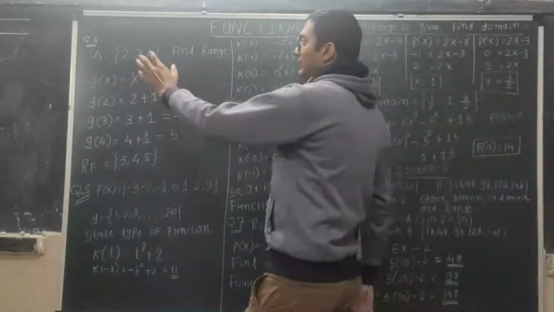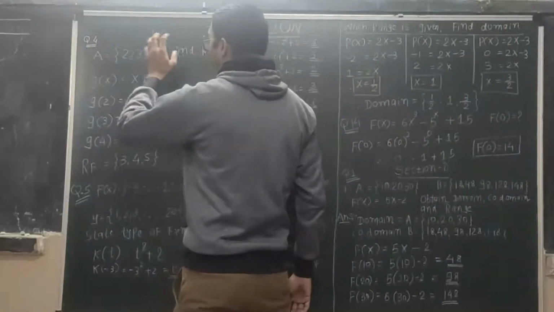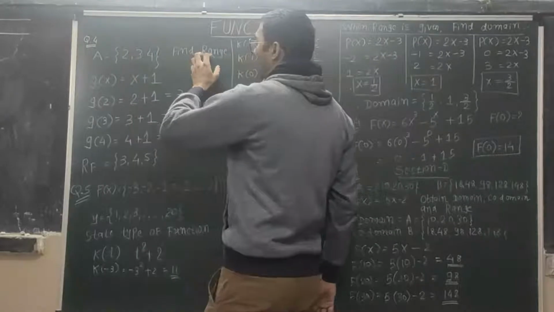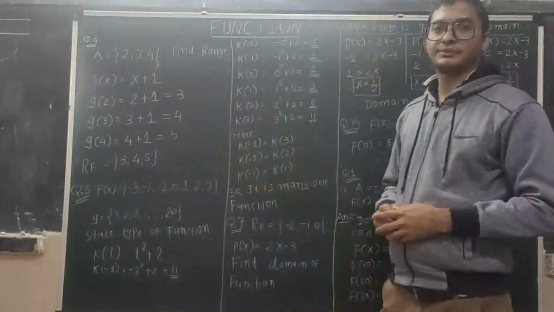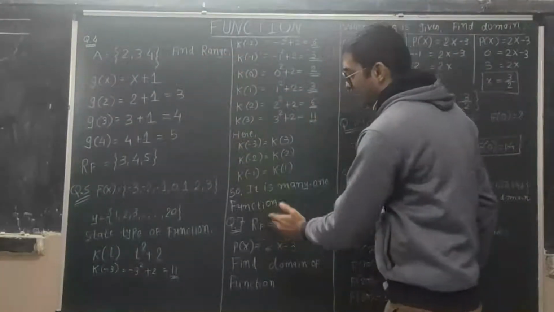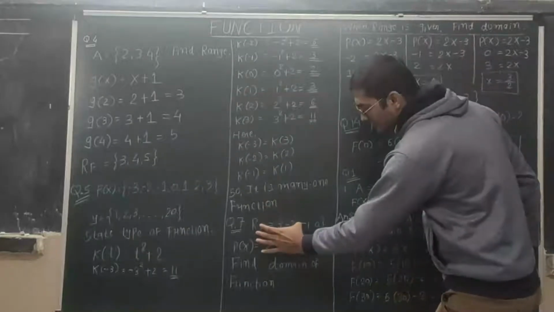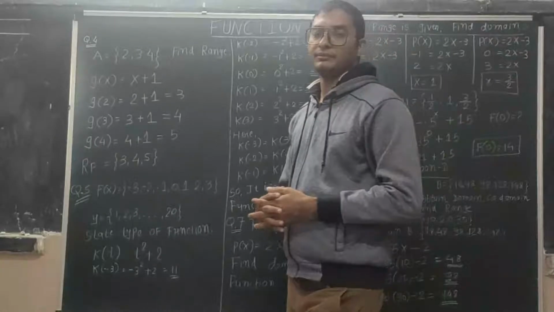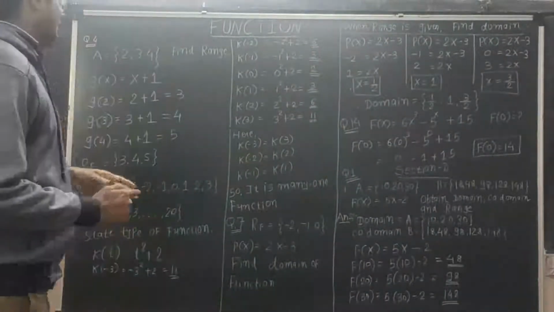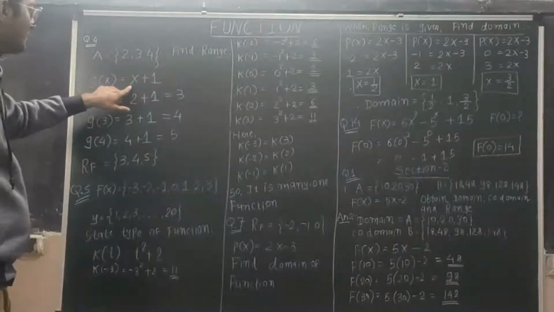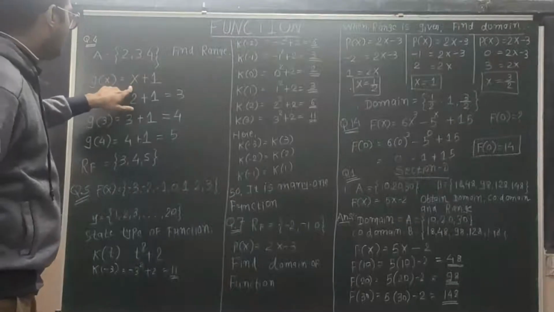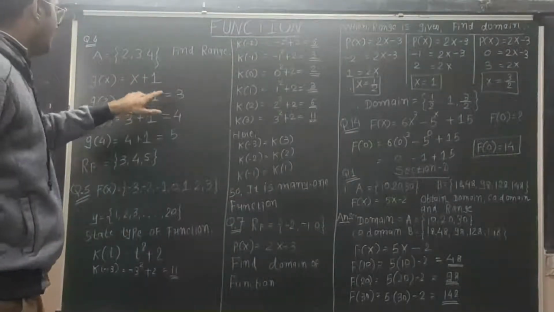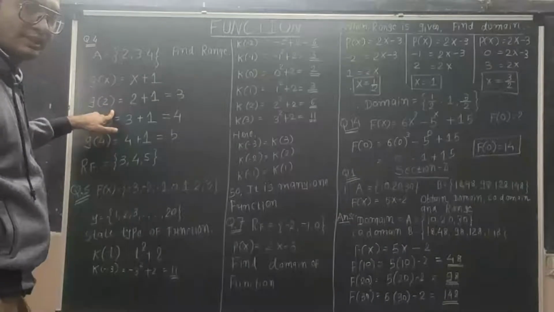We have studied question number 4, where the domain is given and we want to find the range. Here it is the opposite question: the range is given and we want to find the domain. So here you can see that in this function equation, instead of x, we put the value and we get the answer of the function equation.